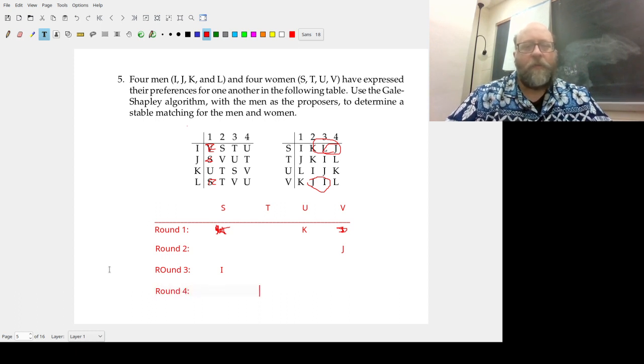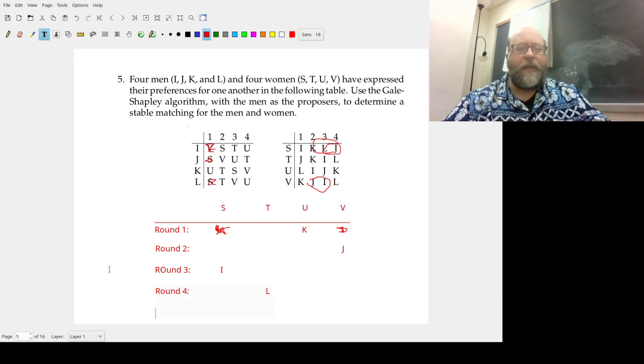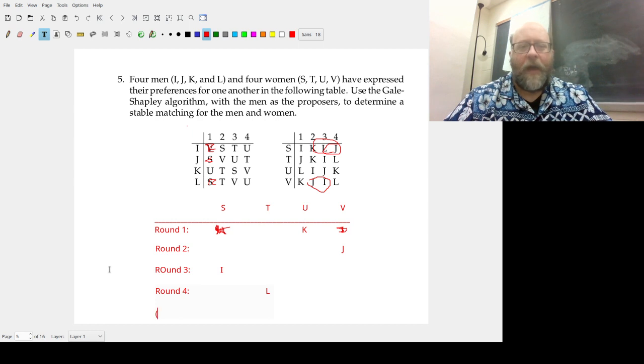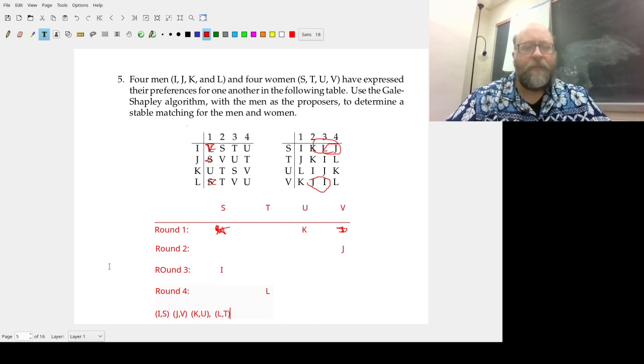And so L approaches T, and T is not thrilled because L was T's last choice, but nobody else has proposed, and everybody else seems to be happy. And so I matches to S, J matches to V, K matches to U, and L matches to T.